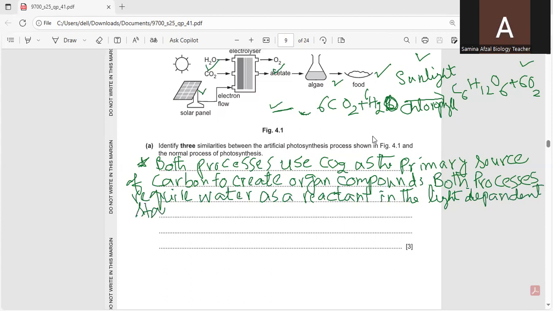Light dependent stage is that stage in which sunlight is required for the process of photolysis. That is, the water is broken down into hydrogen and oxygen.